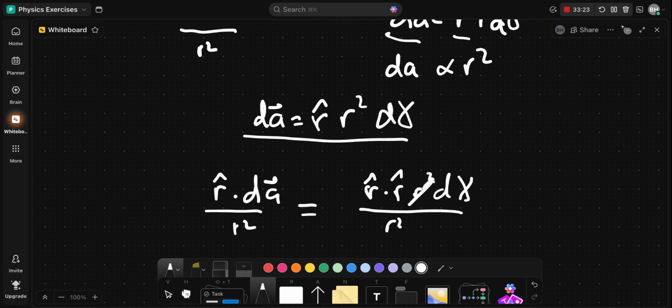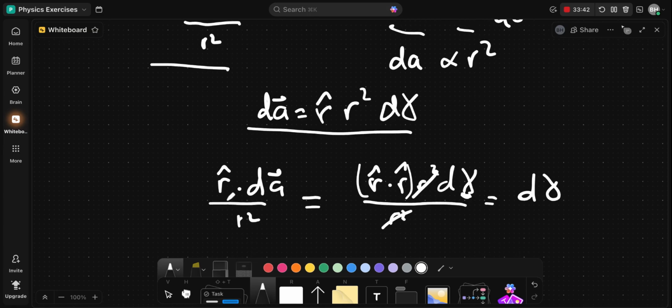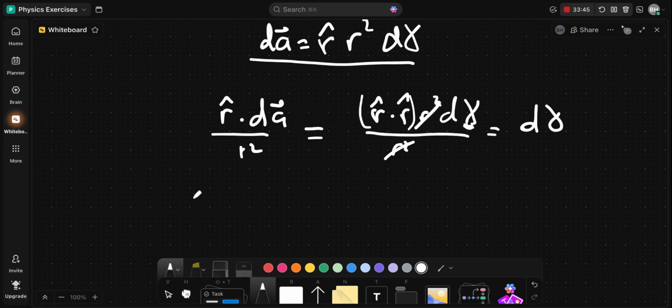And you see that r squared cancels, and r̂ dot r̂ is going to give you 1. And you have this dγ, sorry for the writing. So basically this element just becomes dγ.